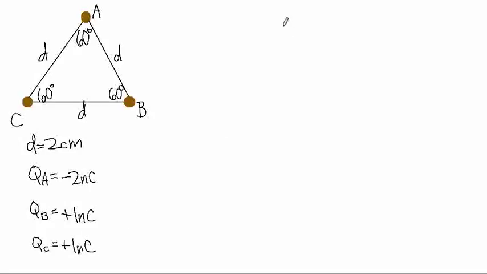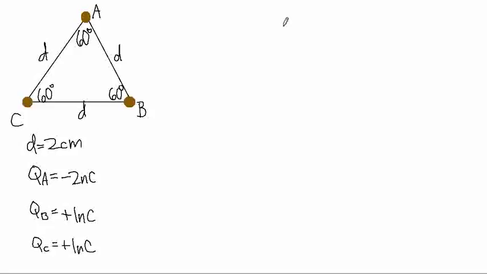Okay, so my picture denotes 3 charged objects lying on the vertices of an equilateral triangle. The sides of the equilateral triangle all have a length of 2 centimeters. The measures of all the angles are 60 degrees.